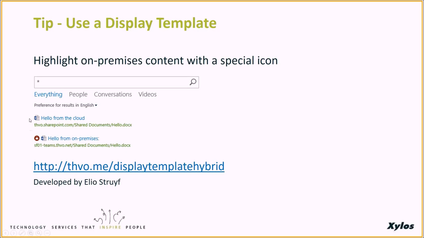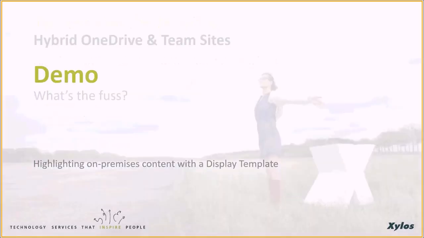So if you search for something, you can just click on your cloud result, but if you want to go to your SharePoint on-premises search result, you will see an icon to notify you, okay, you have to have an on-premises connection or a VPN active to be able to download or open this document. So if your users are not corporate connected, they still get a warning that this particular link will probably not work. Right.